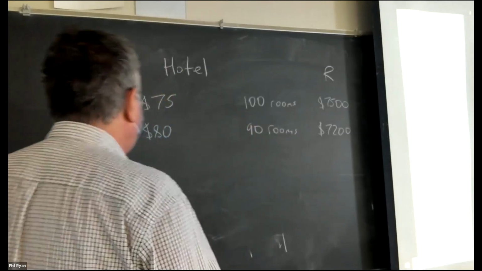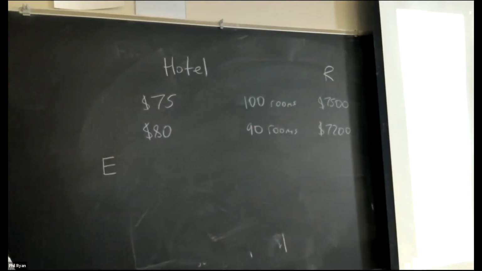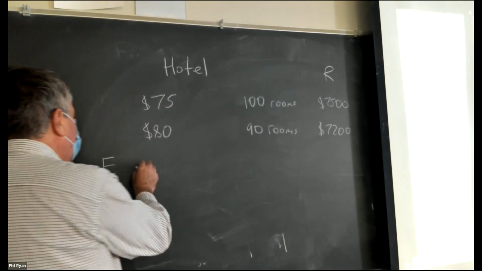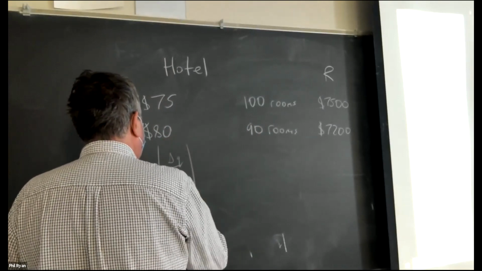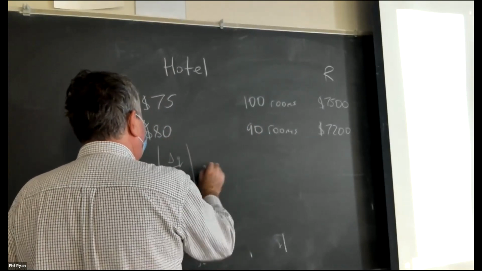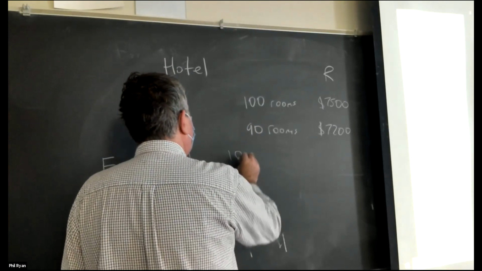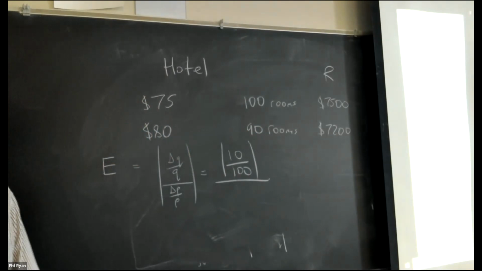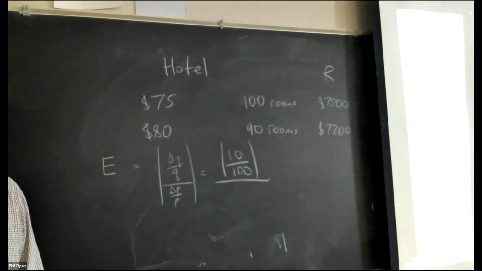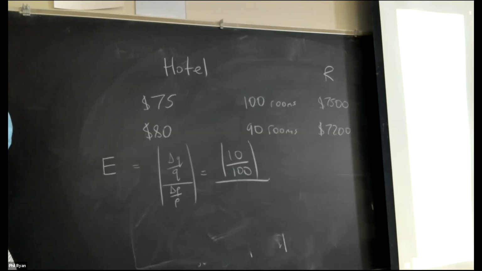Okay, let's have a look at what the elasticity is. It's delta Q on Q divided by delta P on P. Delta Q was 10 on 100, right? So we're selling 10% fewer rooms.